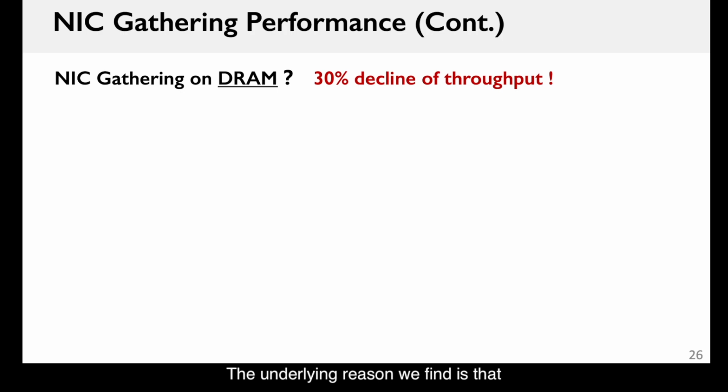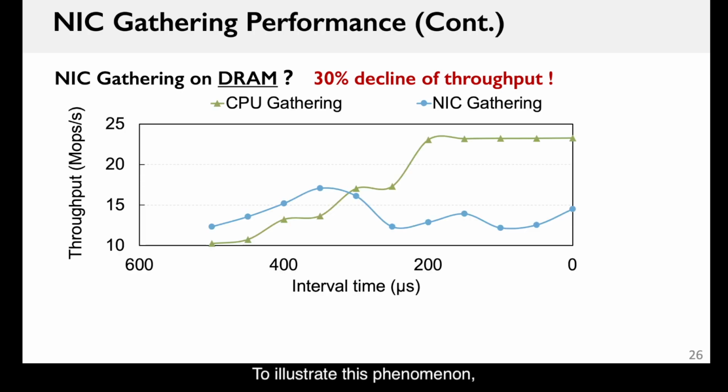The underlying reason we found is that the low latency of DRAM makes the DMA engine become a performance bottleneck. To illustrate this phenomenon, we run a micro benchmark. The x-axis represents the time interval between two gathers, while the y-axis represents the throughput of gathers.